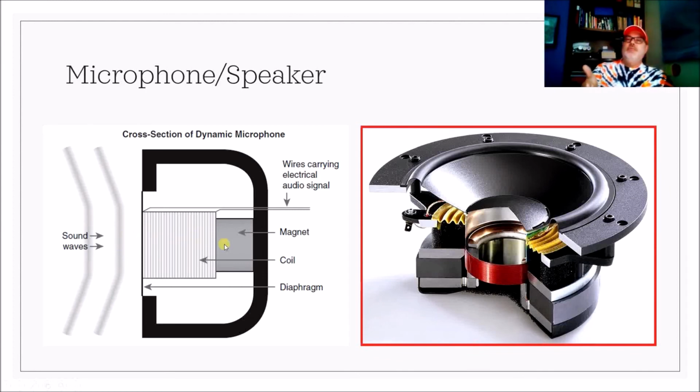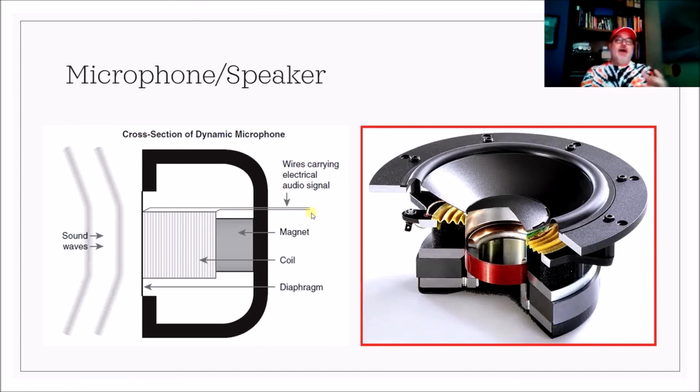And when they do, there's a change in flux, which generates electricity. Now, since it's oscillating back and forth, it generates electricity one way and then back the other way, one way and back the other way. So the electricity coming through these wires is oscillating. We take that and we can record it and then play it back later.